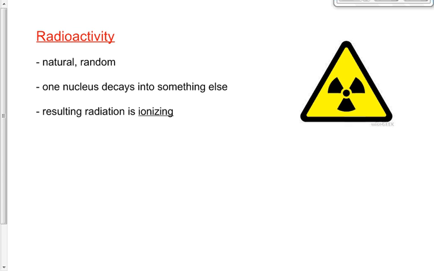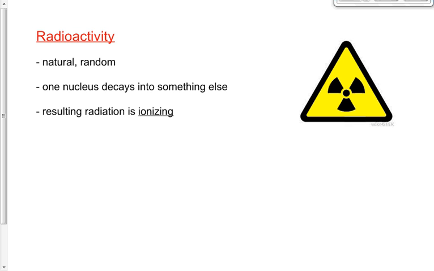In chemical reactions, carbon's always carbon, uranium's always uranium. But in nuclear reactions, including radioactivity, carbon can be changed to something else by switching up the number of protons present. If you go from 6 protons to 7 protons, it isn't carbon anymore. Or if you go from 92 protons to 90 protons, it isn't uranium anymore. It's a different element. And that's possible. We can do that via radioactivity.